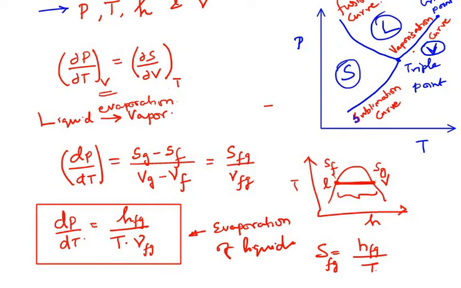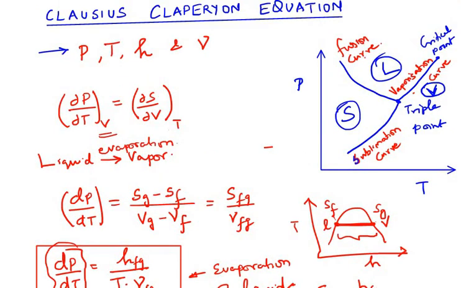This dP/dT term gives the slope of the vaporization curve. I am considering the two phases, liquid and vapor, and only the transition from liquid to vapor. The curve that will be coming here is the vaporization curve.